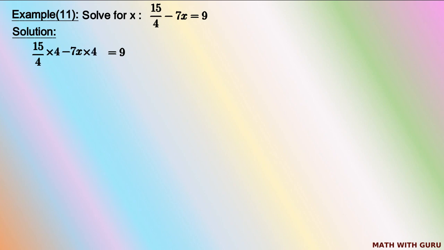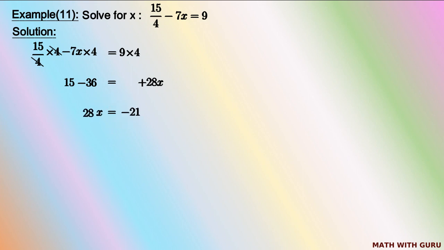Into 4, into 4, into 4. 4 and 4 get cancelled. 15 minus 28x equals 36. Now bring minus 28x to the right hand side and 36 to the left hand side. They change their signs. 15 minus 36 equals minus 21 equals 28x.